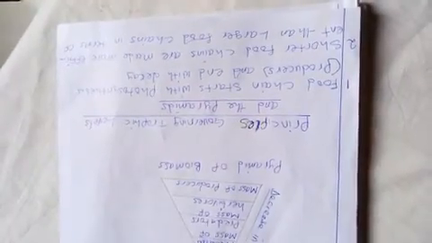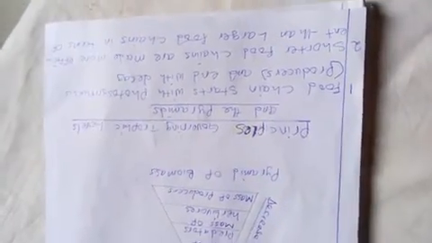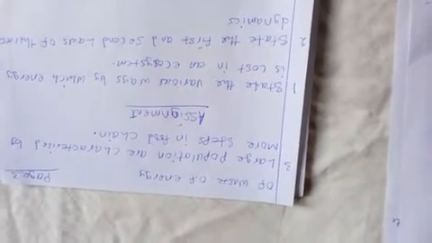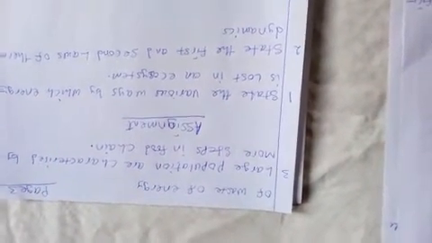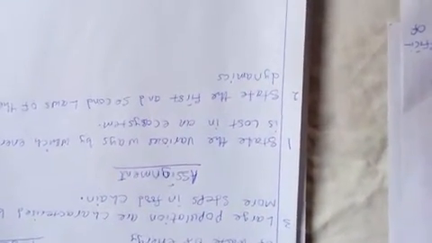Two, shorter food chains are more efficient than larger food chains in terms of waste of energy.